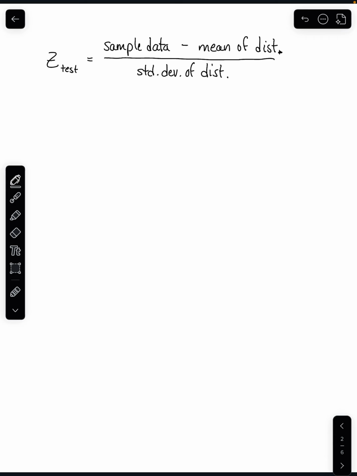In this case, then, our test statistic is going to be the difference between our sample proportions minus the mean of the distribution over the standard deviation of the distribution.